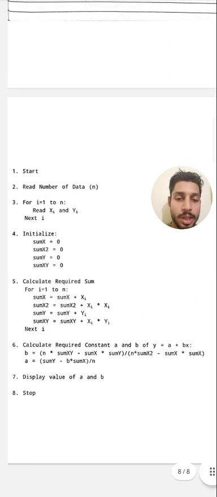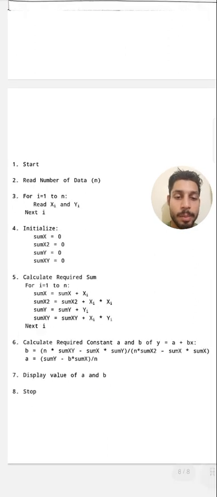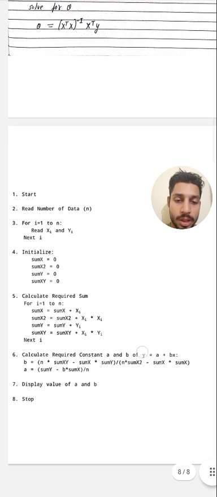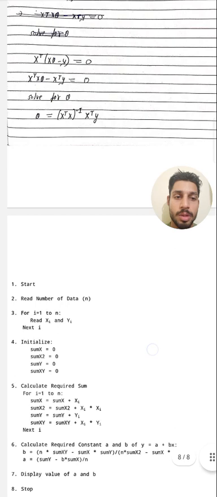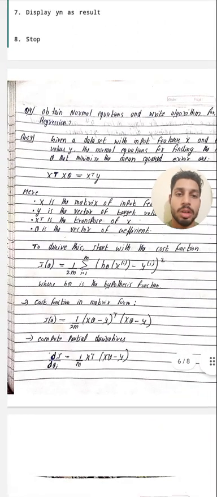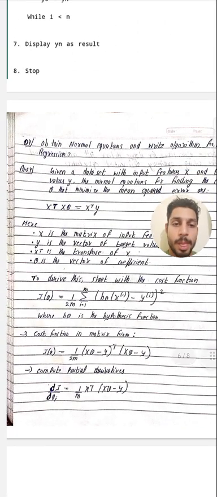This will be our b, and a will be (sum y minus b sum x) upon n. So these will be our constants. Display the values a and b, and stop. So this was our algorithm, and this was our normal equation. Thank you.